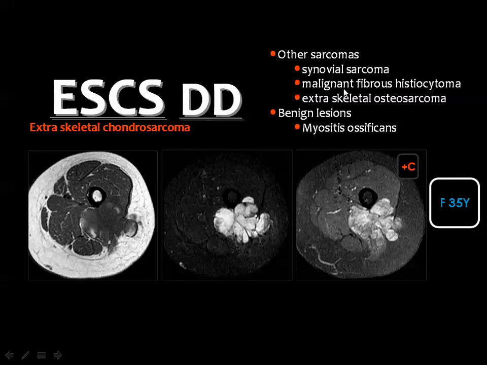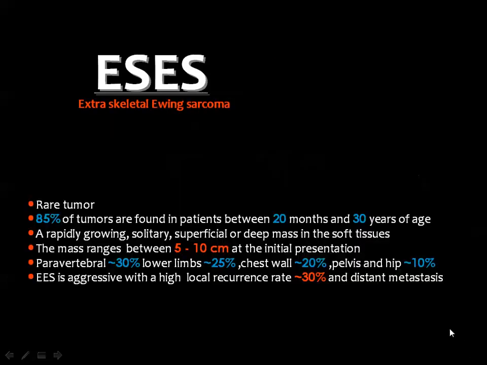Other sarcomas like synovial sarcoma, malignant fibrous histiocytoma, and of course fibrosarcoma, extraskeletal osteosarcoma, and some of the benign lesions like myositis ossificans. Ewing sarcoma can also occur extraskeletal, and this is a rare tumor, and the age incidence is between 20 months and 30 years of age.